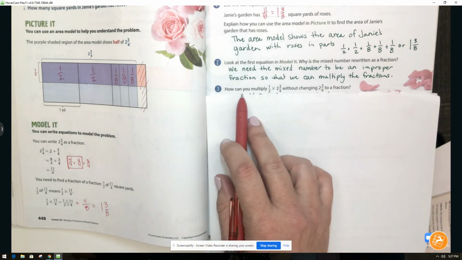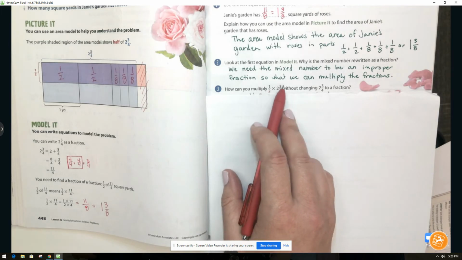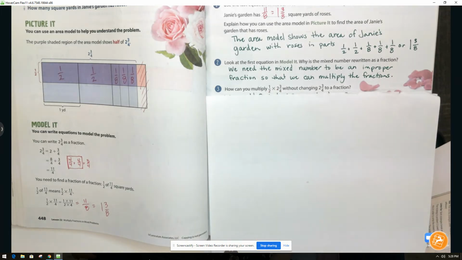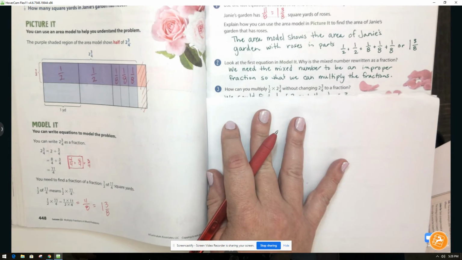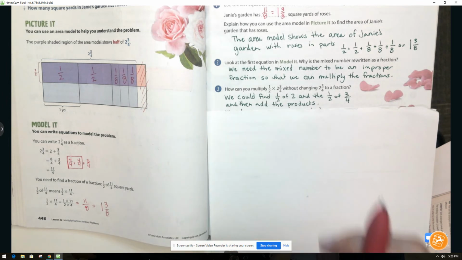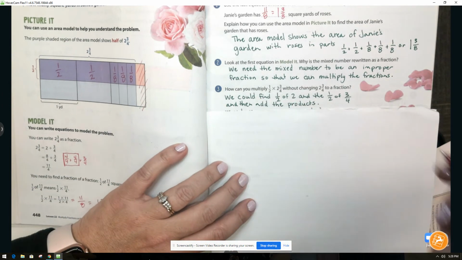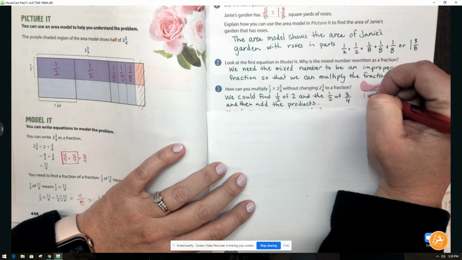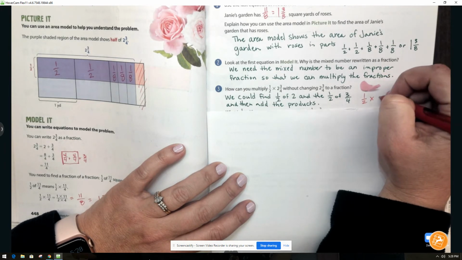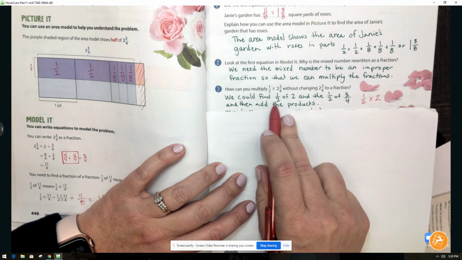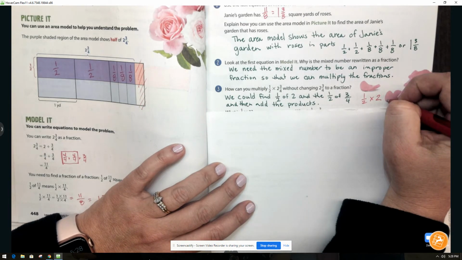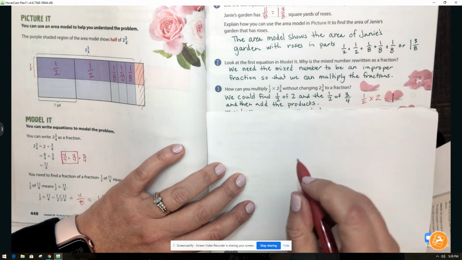Now, how could we multiply 1/2 times 2 3/4 without changing 2 3/4 to a fraction? Well, we know we can use our properties of multiplication, and we could do this. We could find what is 1/2 times 2. So what is half of 2? Half of 2 is 1.